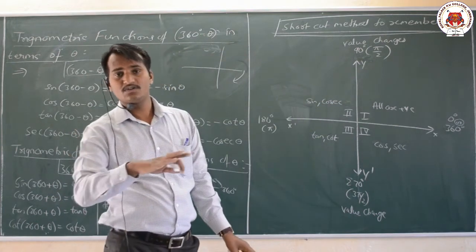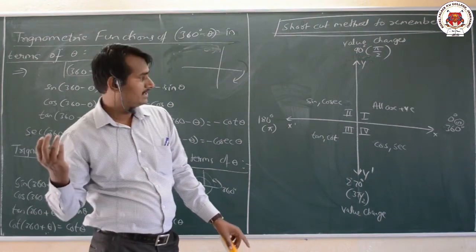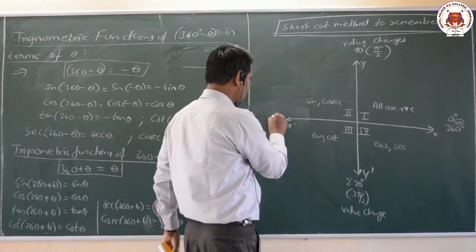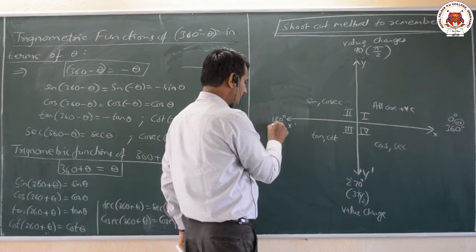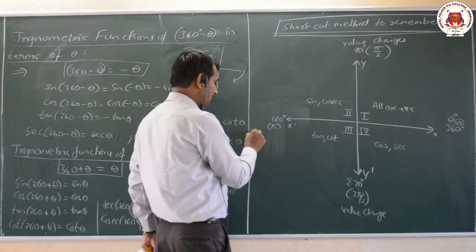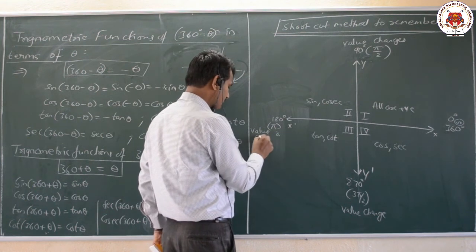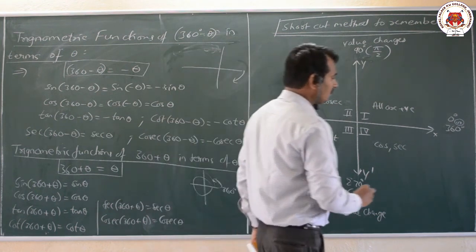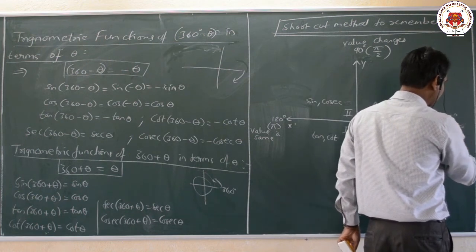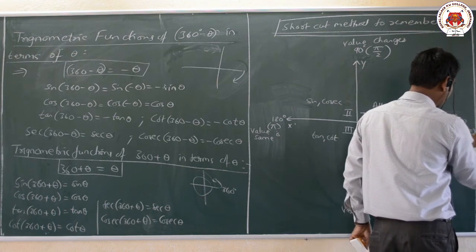That means sine to cos, cos to sine, tan to cot, cot to tan, secant to cosecant, cosecant to secant. Then at 180 and 360, the value remains the same.